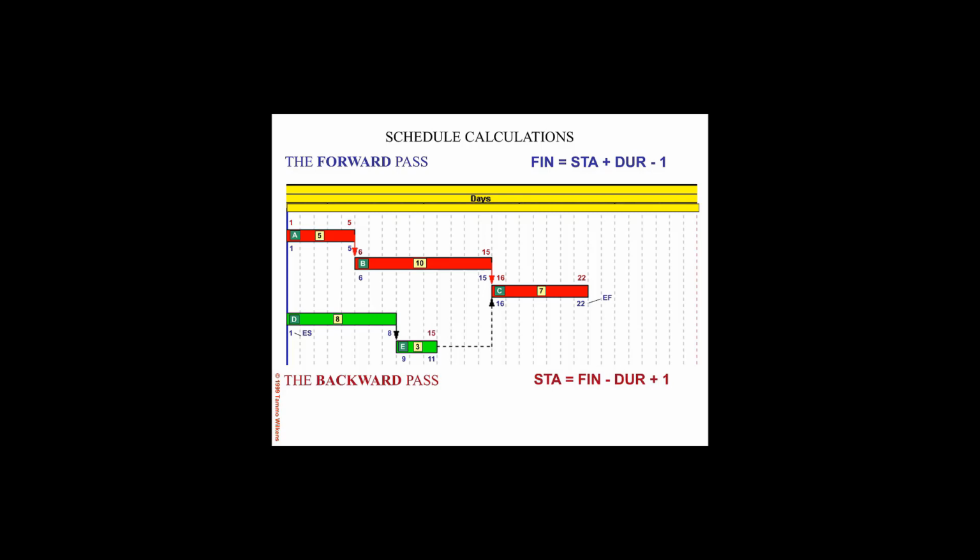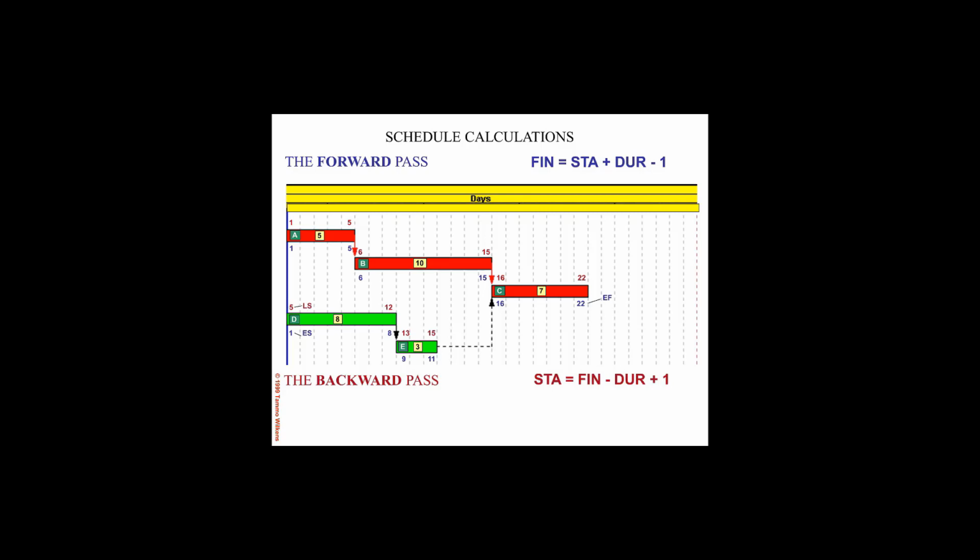So the late finish for activity E is also day 15, because if E were to finish any later than day 15, it would impact activity C. So by the formula, 15 minus 3 plus 1 gives us 13, in which case D needs to finish by day 12, and then 12 minus 8 plus 1 gives us 5.